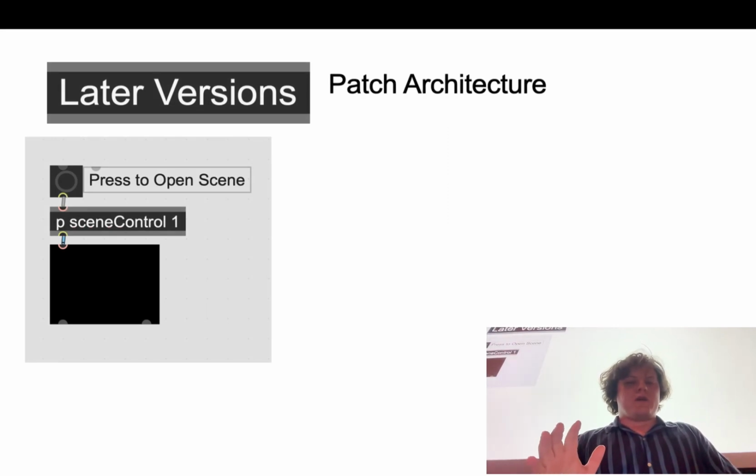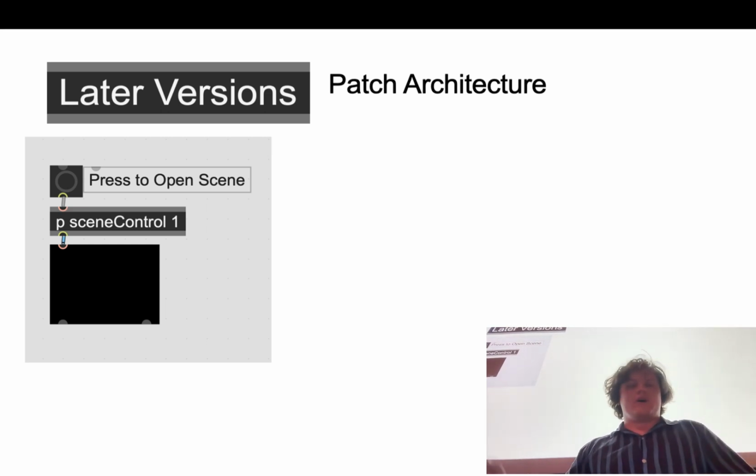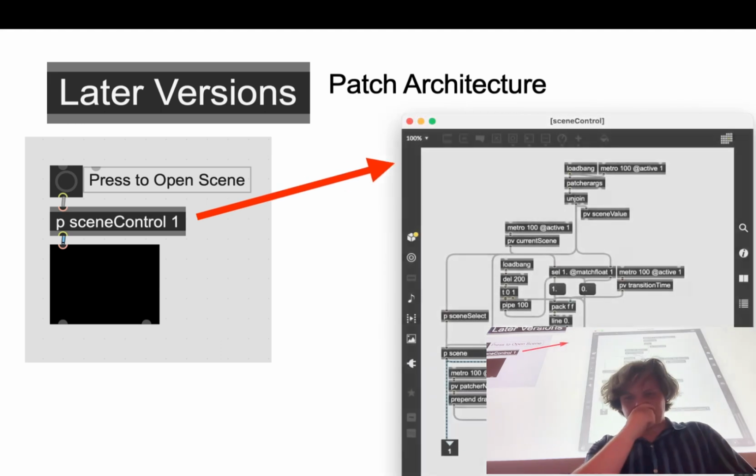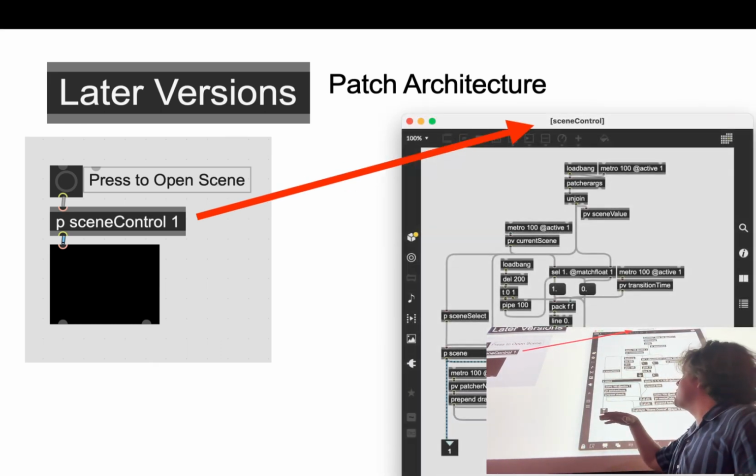So let's go over a little bit of how that architecture works actually inside of Max. So I encapsulated each of the scenes into an individual subpatcher called scene control. Inside of scene control, there's 2 layers of scene control.